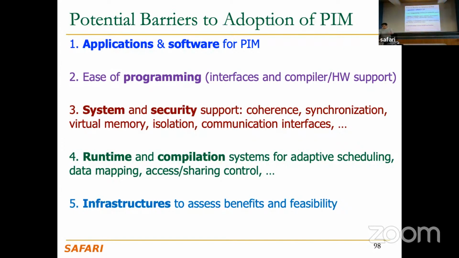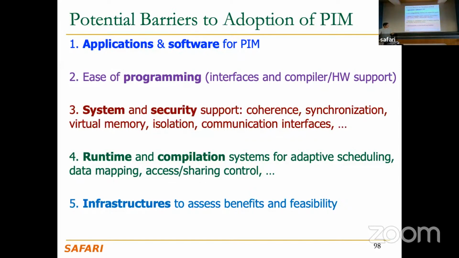We need to deal with other system support and security considerations, such as coherence, synchronization, virtual memory, isolation, communication interfaces, etc. We don't want computing systems to become more vulnerable because they now have some additional capability that is processing in memory. We don't want them to be less secure.